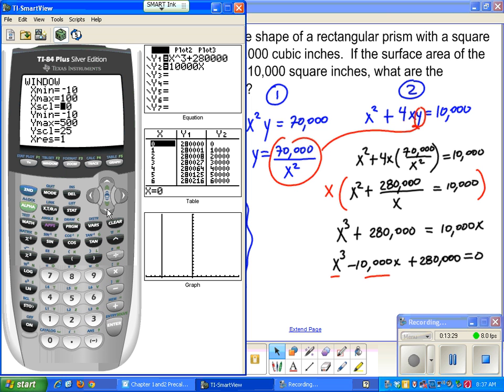My scale at 10, that means I'm going to have a hash mark every 10 instead of every 1. And then my y minimum, I'm going to make it -100,000. And I'm going to make my y max 300,000.